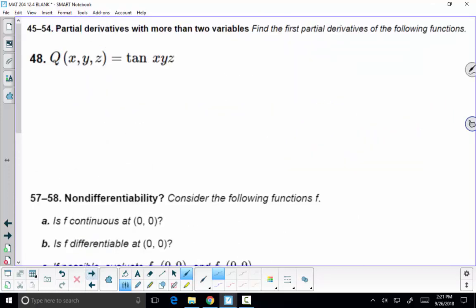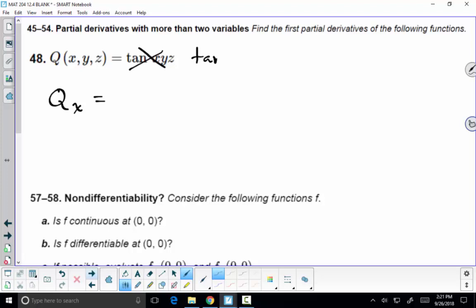Okay, so let's do a few problems. This one is just a simple partial derivative problem with more than one variable. Find the first partial of the following function, q sub x. I don't know why they put some of these where the powers on all the variables are the same. Let's change it.